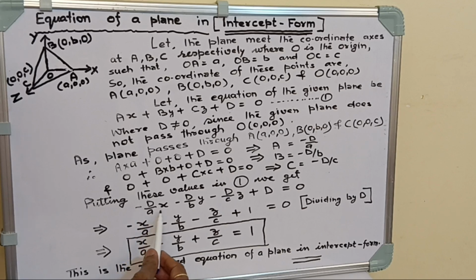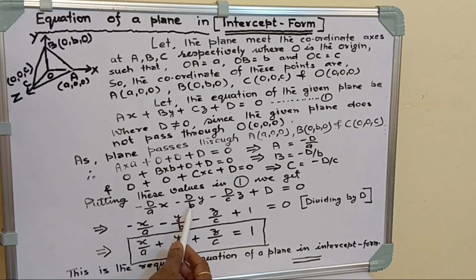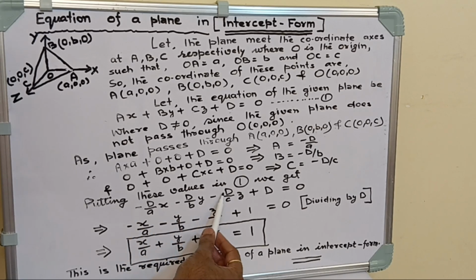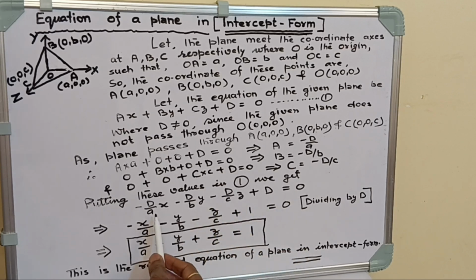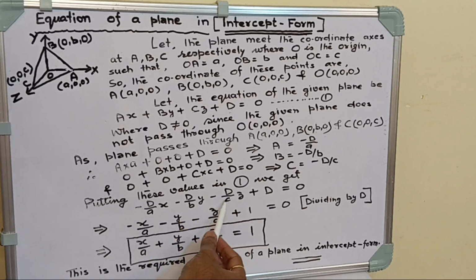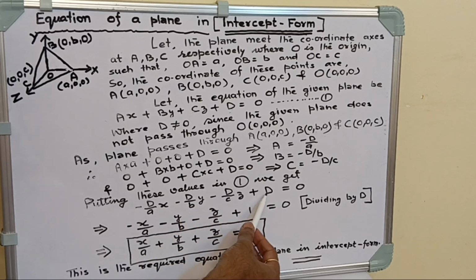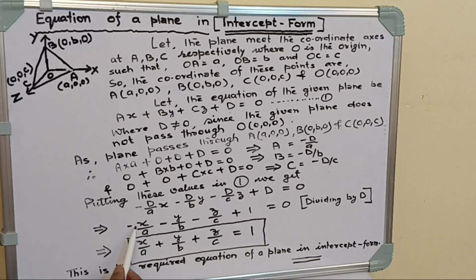Minus d by a, x minus d by b, y minus d by c, z plus d is equal to 0. Dividing both sides by d, d cancels. We get minus x by a minus y by b minus z by c plus 1, d by d is 1, is equal to 0.